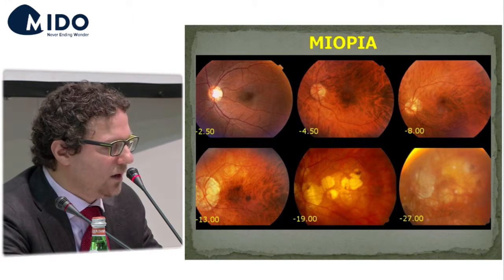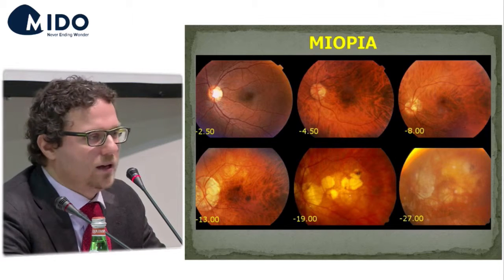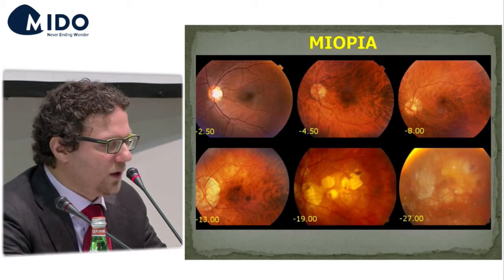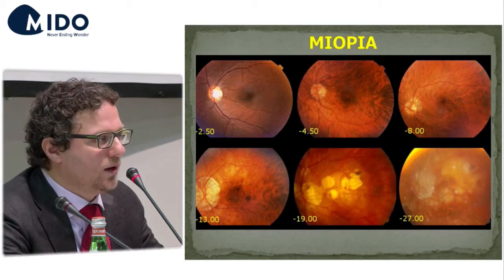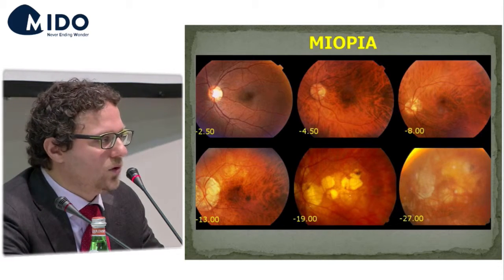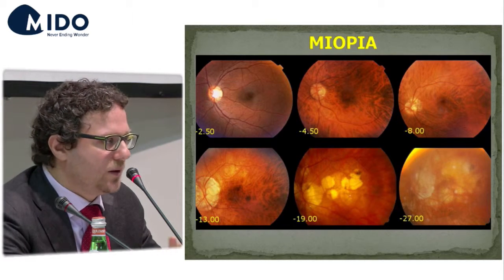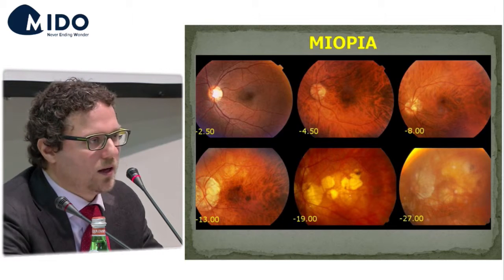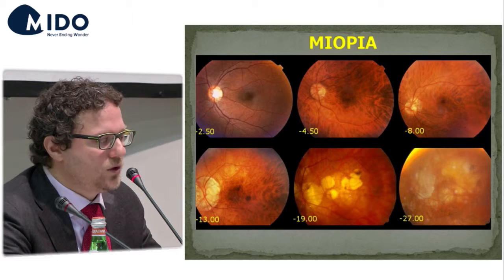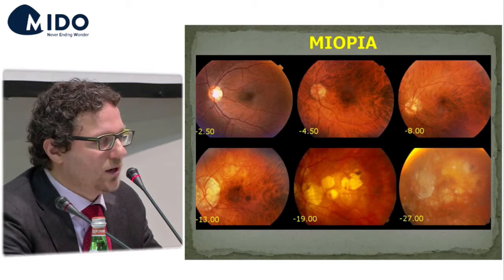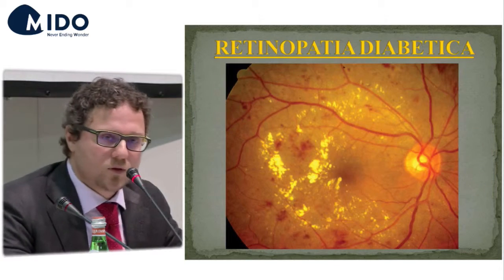This is a slide showing you nearsightedness, normal retina, when nearsightedness is not so severe, to then get to atrophic pigmentary alterations. And today we shall speak about two recurrent diseases in the population, diabetic retinopathy and macular degeneration, diseases that can be analyzed by Retinalyze.